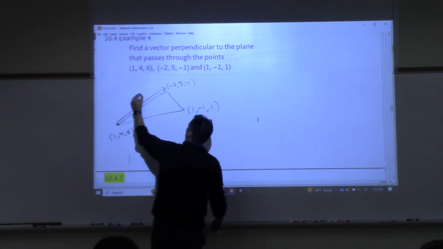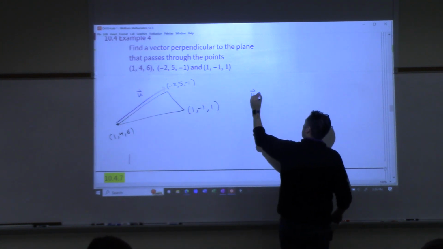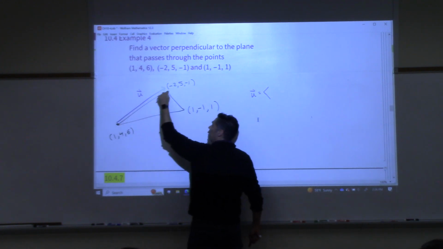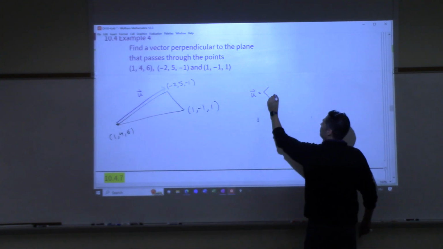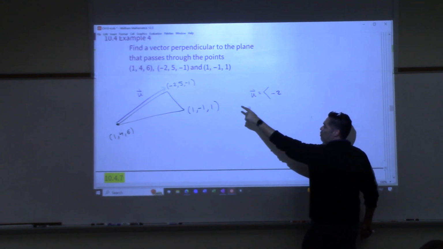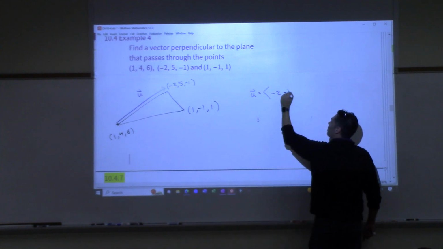So I'll do the one that goes from here to here. I'm going to call that one U. By the definition of how we create vectors, since I'm going from here to here, I'm going to take -2, the x coordinate of that point up here, and subtract the x coordinate of that point, comma.